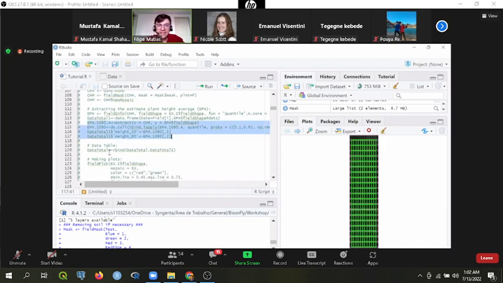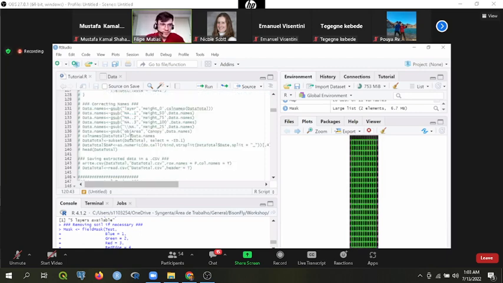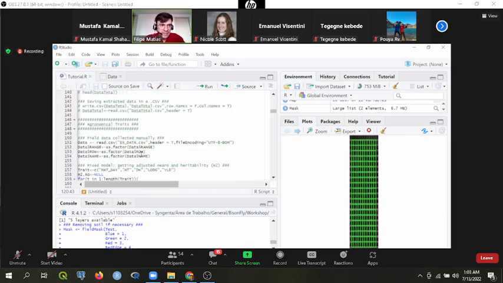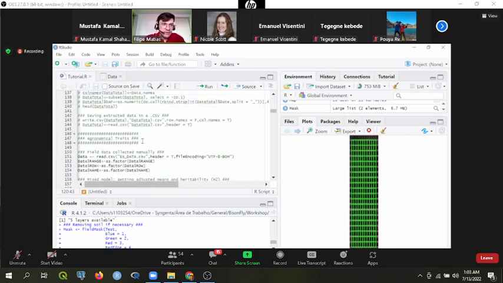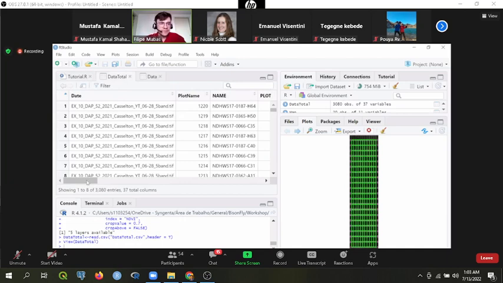Basically, we just combine everything in one table, just changing some names. At the end, what we have is this table here, which I'm calling data total. How is this classified? We have the name from the picture.